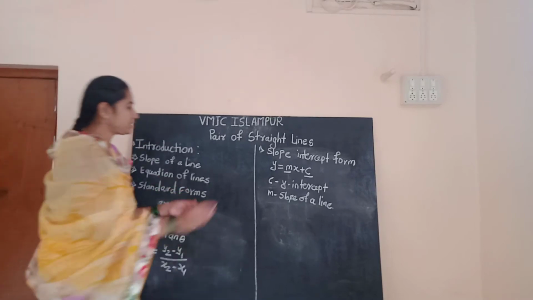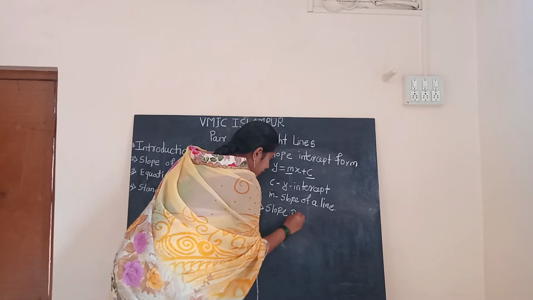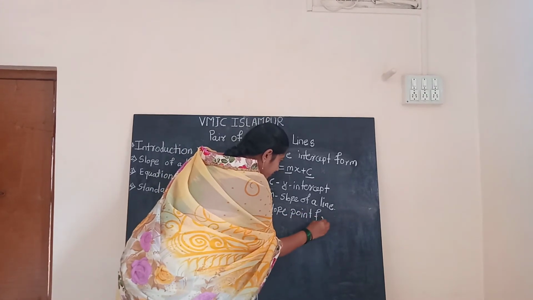The second standard form is the slope point form.